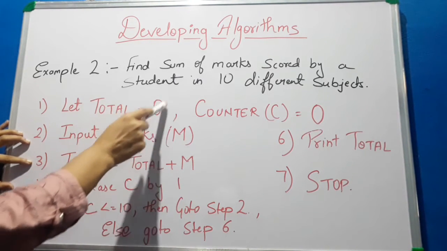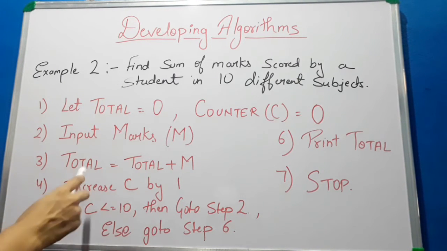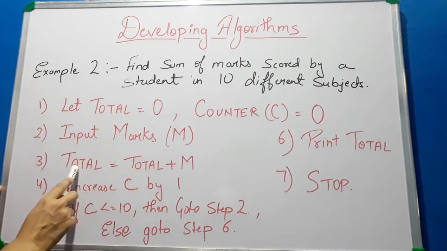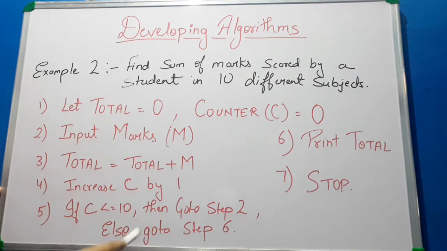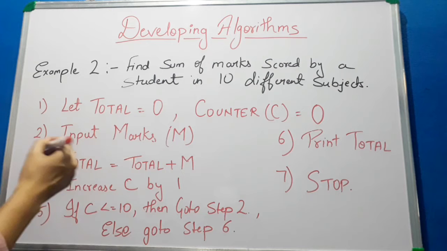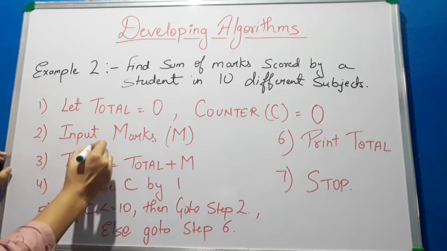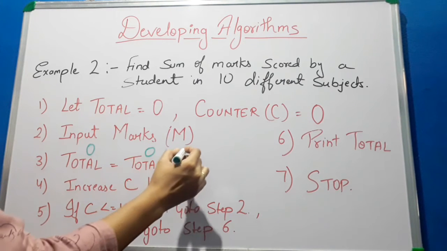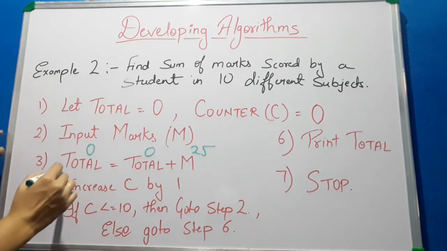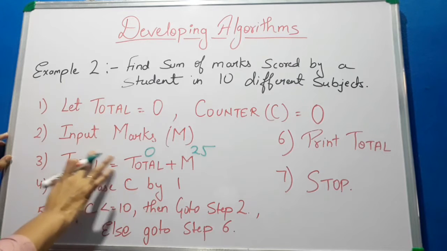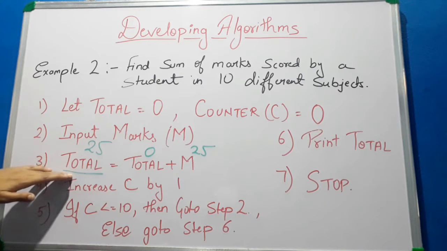Right now the value of total is 0, but when you go to this step, you have to add whatever the value is in total and the marks which you input here. So the value of total is 0 and here you will enter the marks of the first subject, suppose 25. So now in this total, what will be saved? 25 is saved in this total.